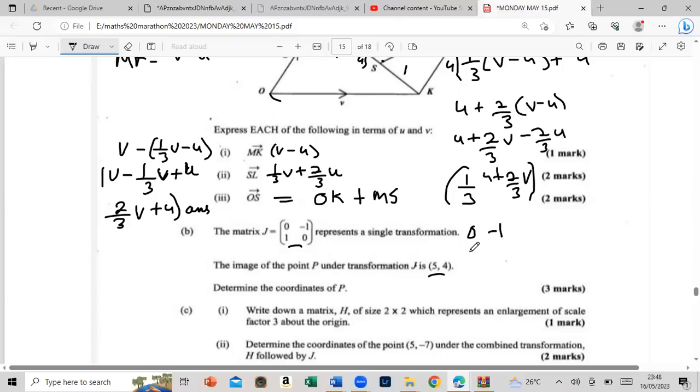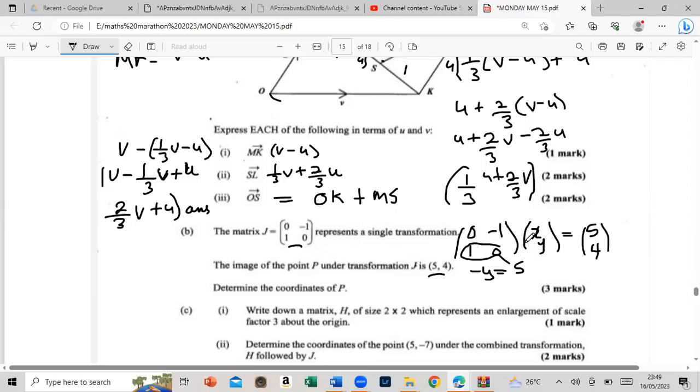So 0, negative 1, 1, 0, times a coordinate we don't know, x, y, and the result was 5, 4. Remember, x comes first. We write it in the column format. 0 times x is 0, and then we have negative 1 times y, which is negative y. So negative y is equal to 5.